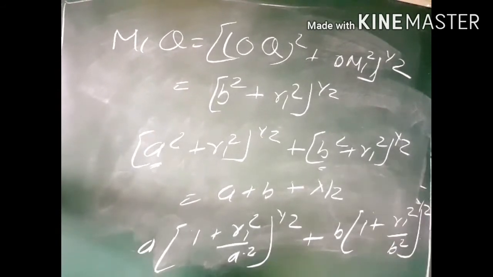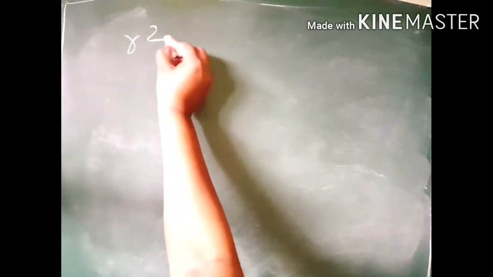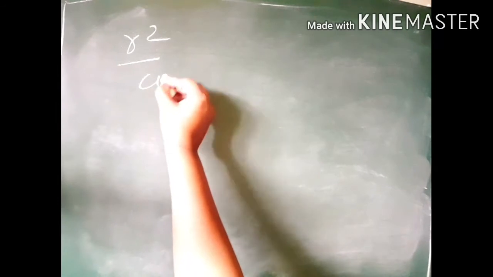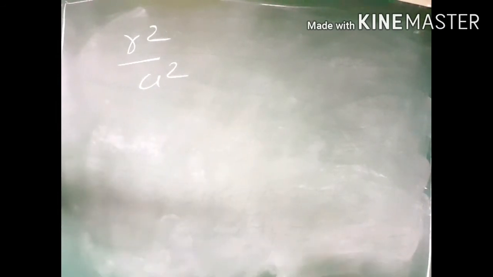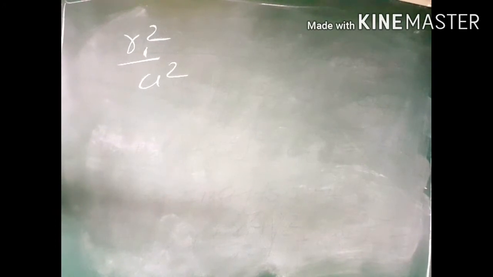Now for R1 square by a square, R1 is the radius of the first half-period zone and a is the distance between the source of light and the zone plate.